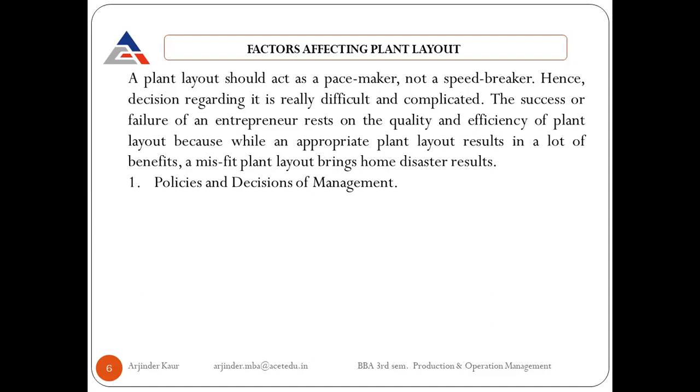So the nature and the type of plant layout that we will be using depends upon the managerial decisions regarding the size of business, the nature of the business, and the type of products to be manufactured. Possibility of future expansion, plans concerning integration of various facilities within the industrial unit, amount of inventory to be kept in stock, etc. All these things have to be decided by the management, and the decision related to plant layout is greatly dependent upon these decisions.